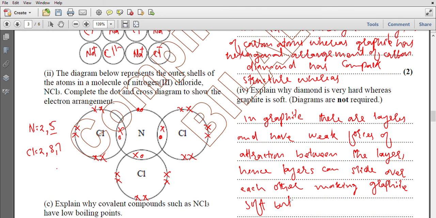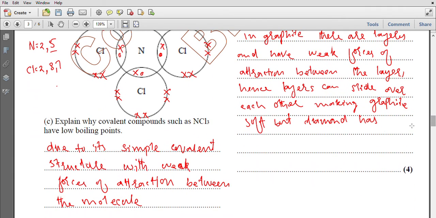But diamond has a compact structure and is hard.